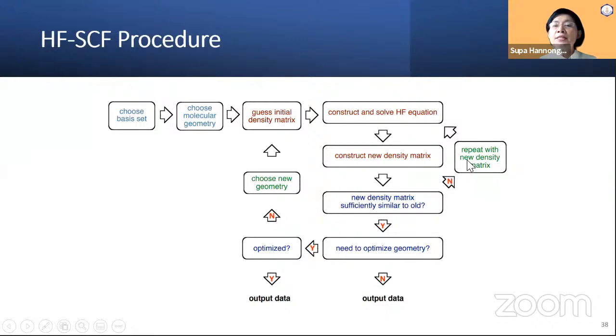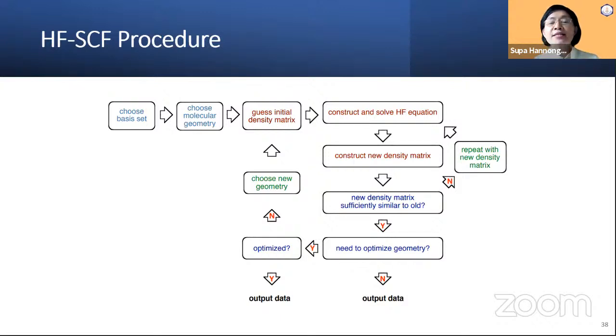If not, repeat again and again until it reaches the criteria that we would like to accept. Or if we need geometry optimization, we can optimize, and if acceptable, yes. If not, we have to choose a geometry and come to the iteration again. So these are the computational calculations that deal with ab initio.